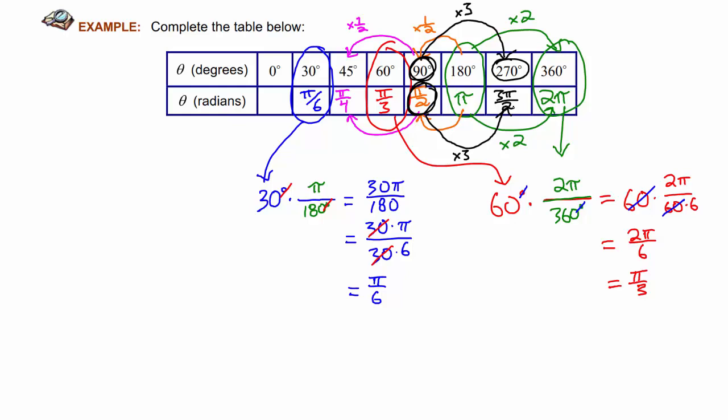And we could also do the manual conversion as well. And the one cell that's missing that we haven't filled out is 0. It turns out that 0 is possibly the easiest of all. 0 degrees equals 0 radians.